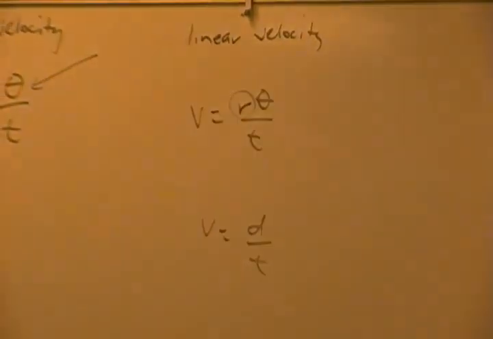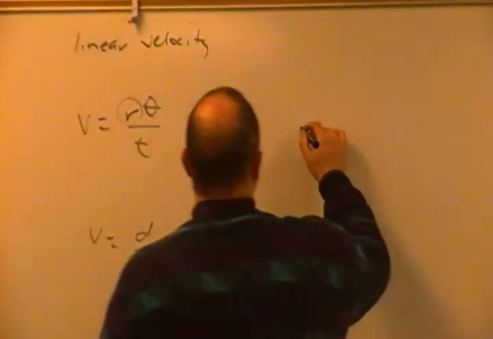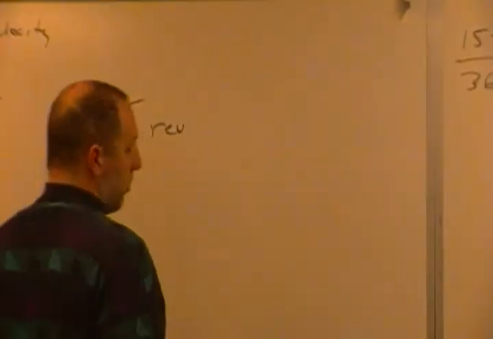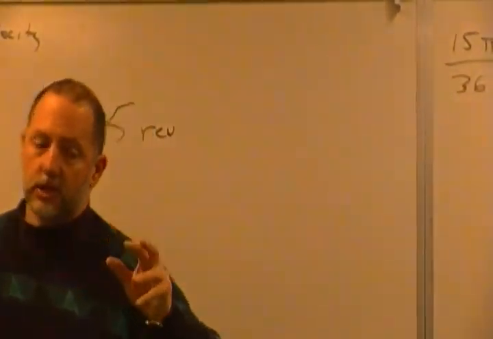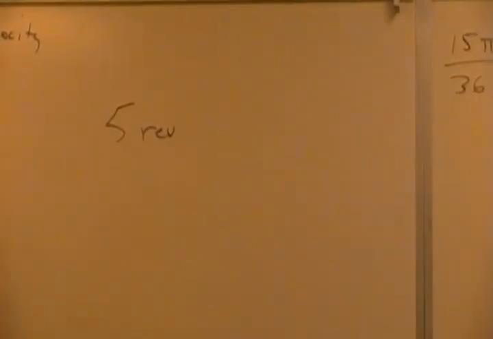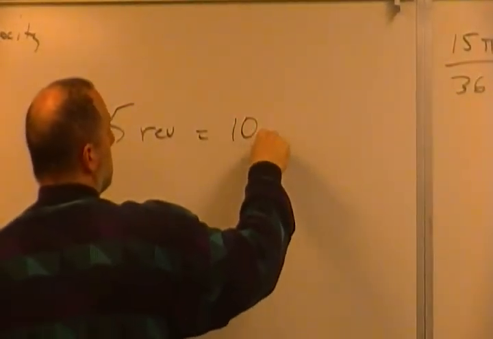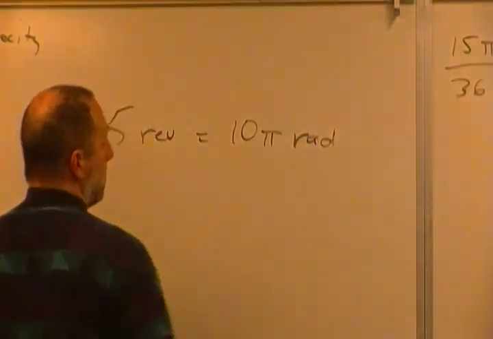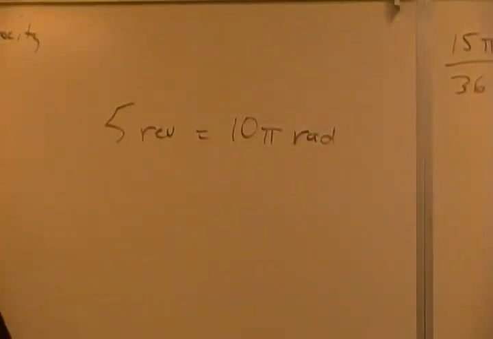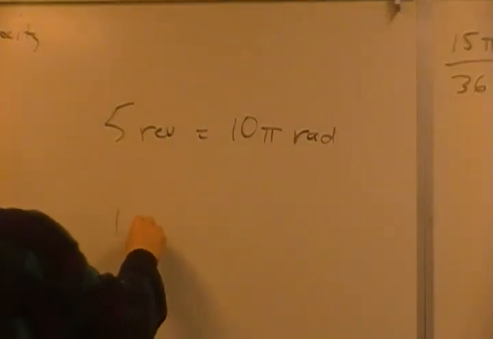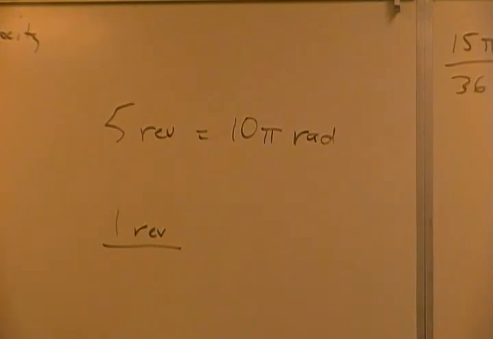So the first problem they ask us is, if you have 5 revolutions, what is the angular displacement? In other words, how many radians do you turn through? So 5 revolutions equals 10 pi radians. Now you can do unit analysis on this if you have trouble remembering how to convert. 1 revolution is 2 pi radians.